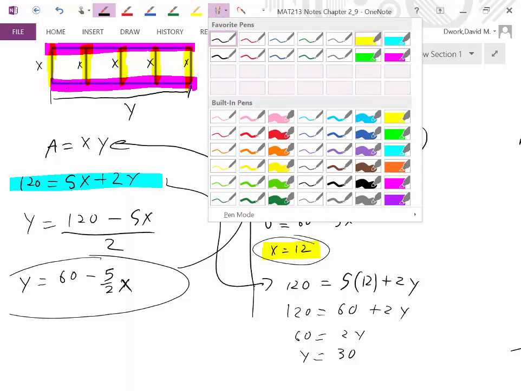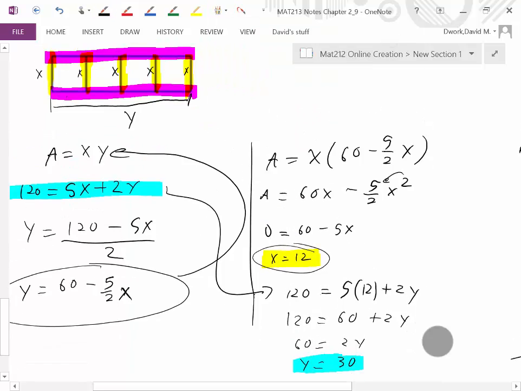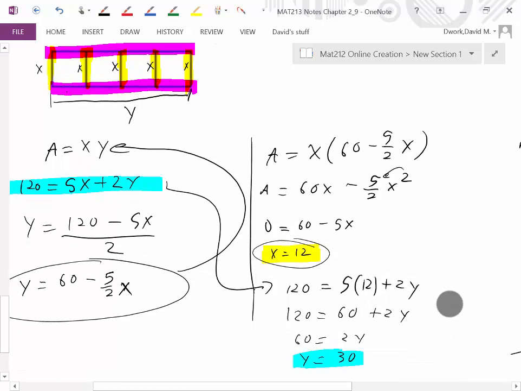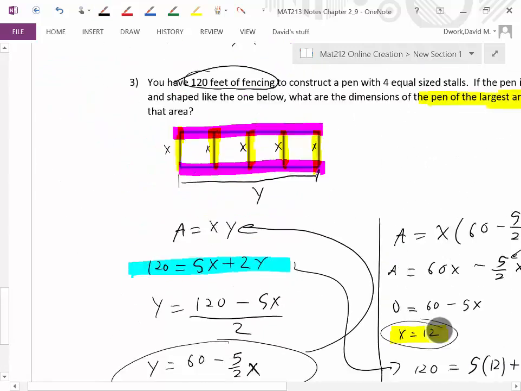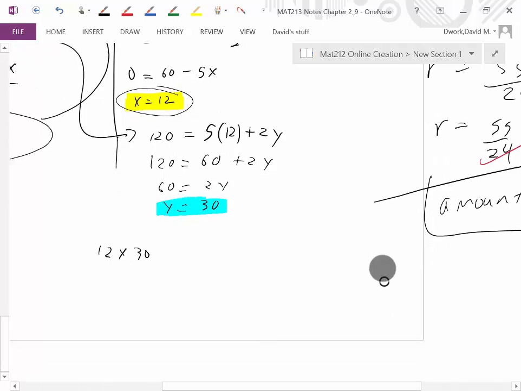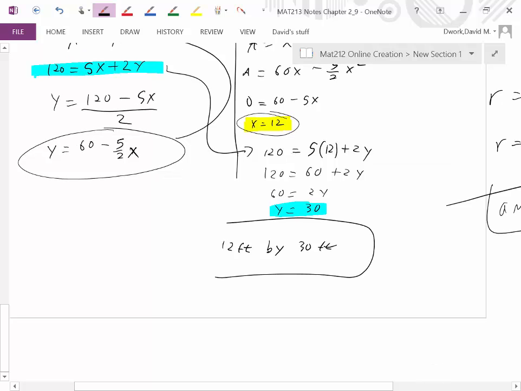And voila. The question asks for the dimensions of this shape that result in the maximum area, and it is 12 by 30, and I believe this was measured in feet. Yes. So we should say it's 12 feet by 30 feet. And there you go, that will maximize our area.